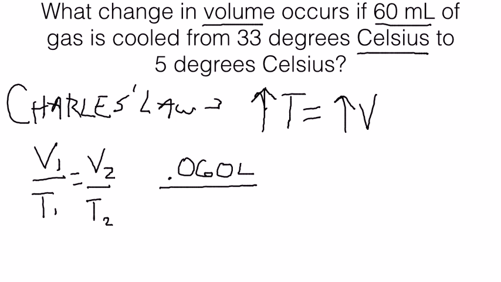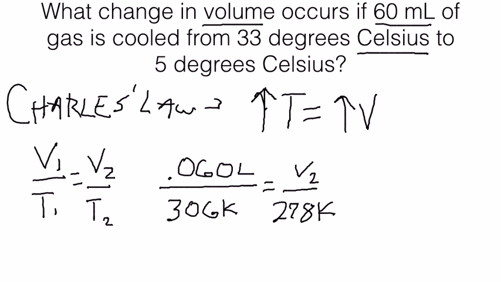Remember, it's just 33 plus 273, or 306 Kelvin. And that's equal to V2, which we're going to leave because that is what we're solving for, over T2. 5 plus 273 is 278 degrees Kelvin.